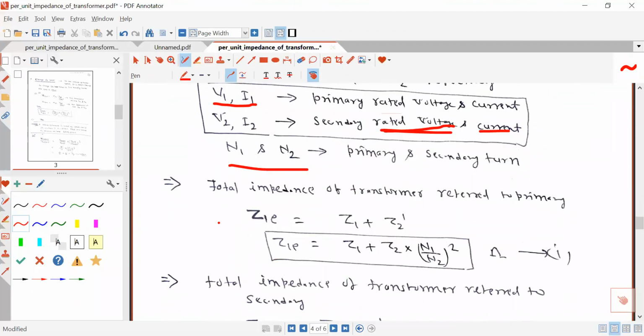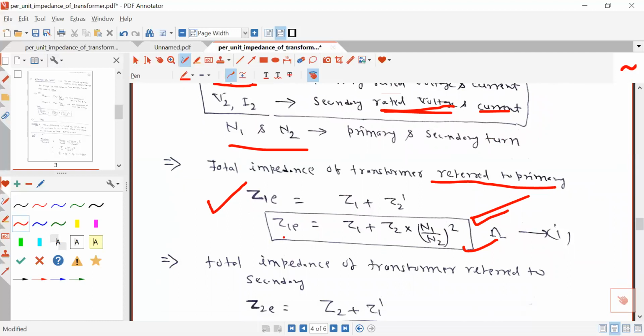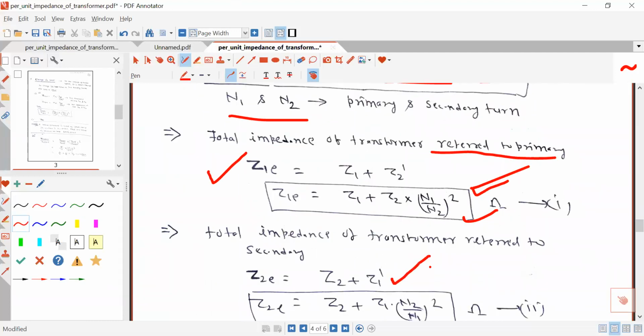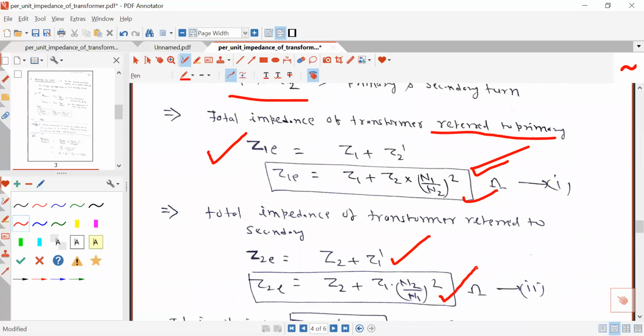And this is the impedance of the transformer referred to the primary, which you have studied in the course Electrical Machine 1 in 4th semester. Similarly, this is the impedance of the transformer referred to the secondary.